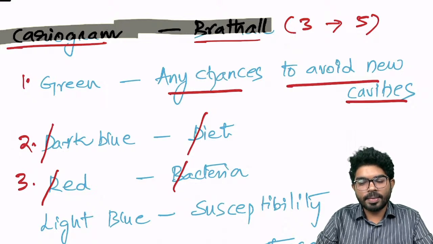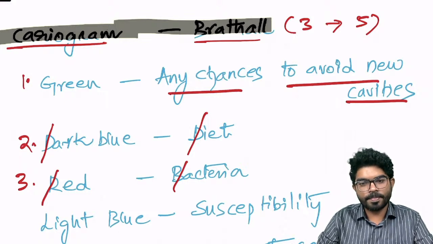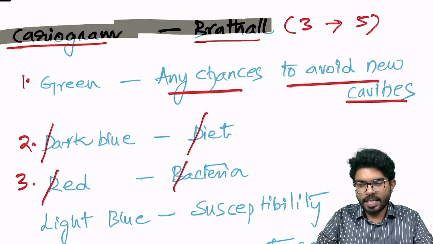Tell me, Keyes triad is how many factors? Yes, Keyes triad is basically 3 factors, and most of you are familiar.